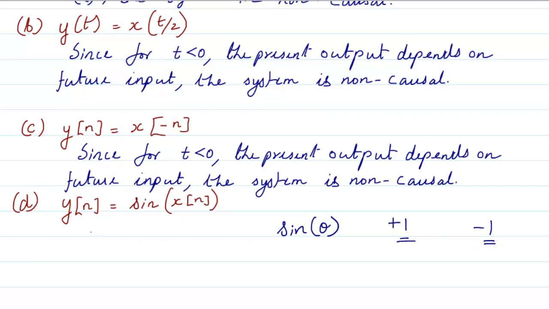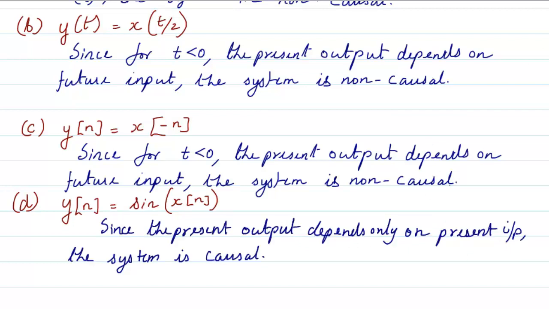So here y(n) is straightforwardly dependent on x(n). So this is a very clear case of a causal system. This is something that can be very easily made. So we can write here, since the present output depends only on present input, the system is a causal system.